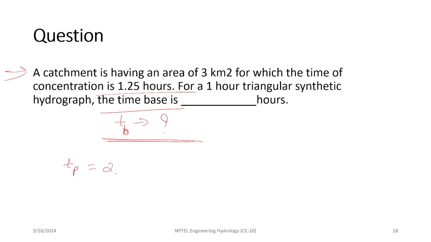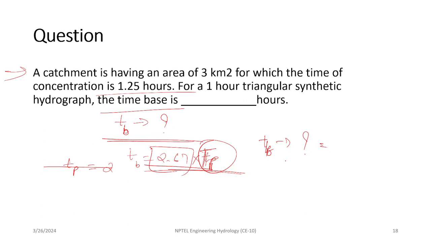TP is equal to TR by 2 plus TP. I'm just asking about TB. TB will be 2.67 multiplied by how much? Capital TP, right? So now compute that. You already have the value of TP. Multiply it with 2.67. You will get a direct value of time base, that is TB.